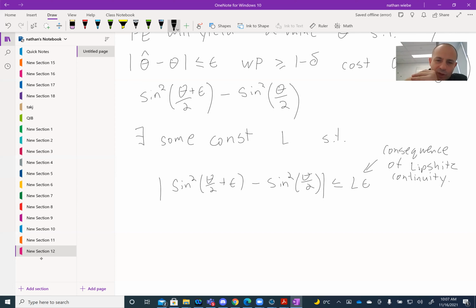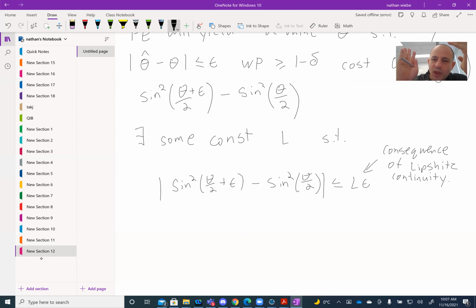And in particular, we can say something a little bit stronger because the function is differentiable. It therefore is Lipschitz continuous. So such a constant ends up existing.